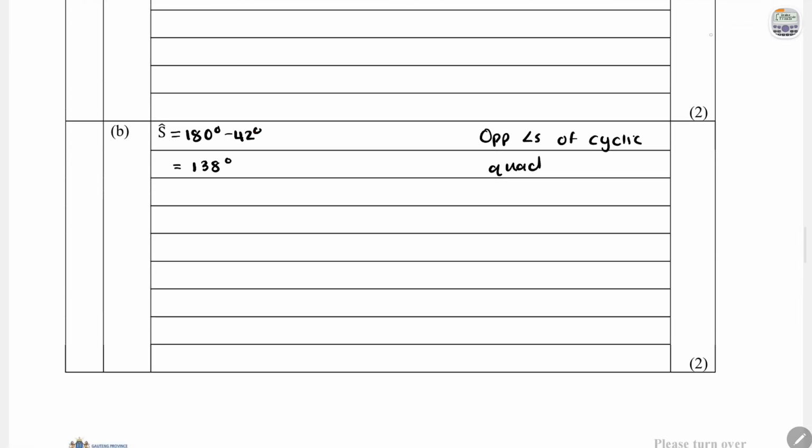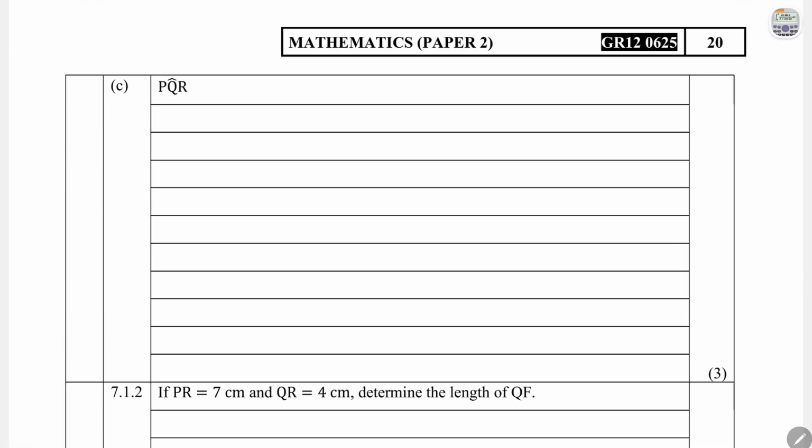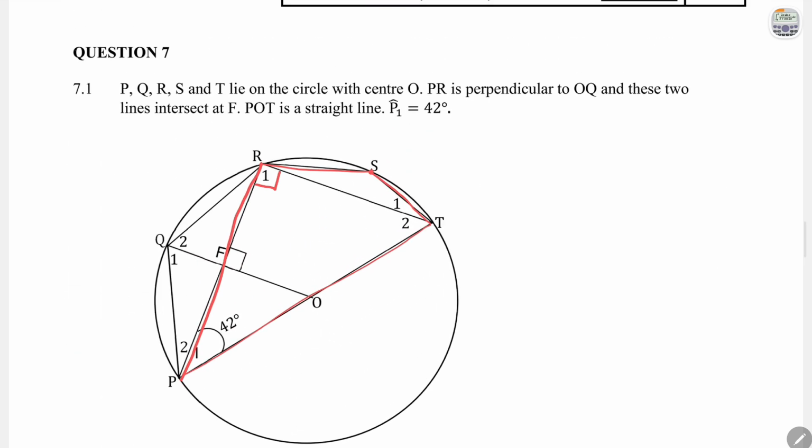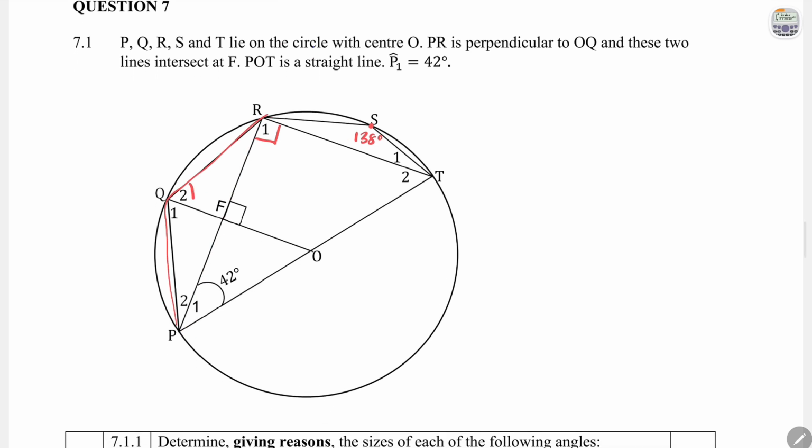Moving on to the next question. Question C says we need to find the size of angle PQR. Okay, so we know now that angle S is 138 degrees. And now how do we find the size of angle PQR? So this angle over here. It's also an angle at the circumference, but it's quite big, and again, we can't really see any other angles supported by the same chord or that major arc.